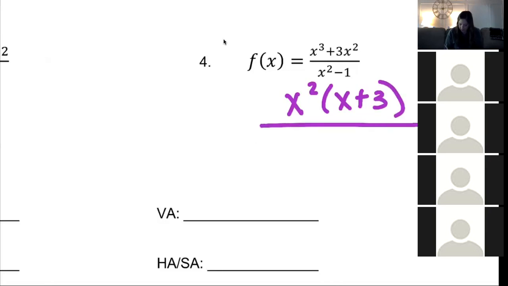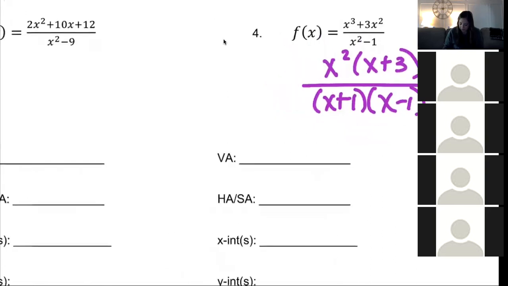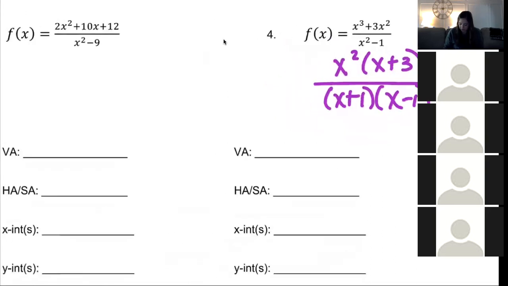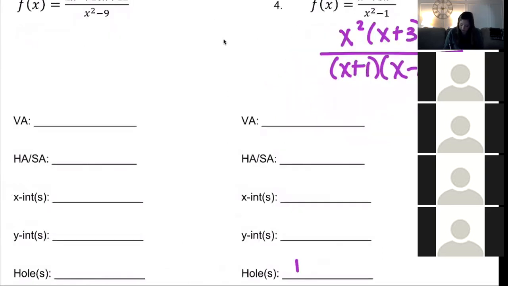And on the bottom, I can factor to be x plus 1, x minus 1. I would not have any holes because nothing canceled. My vertical asymptotes would be -1 and +1.